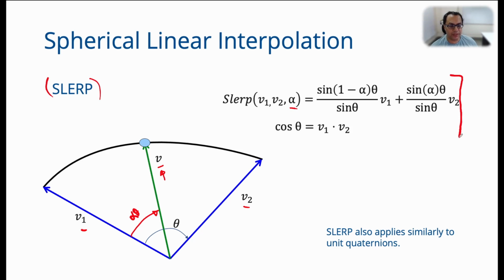This expression for SLERP not only applies to unit vectors or the rotation of unit vectors, the same expression for SLERP also applies to unit quaternions. Therefore, once you have represented your orientations as quaternions, you can interpolate between two quaternions by using a very similar SLERP method. Just replace v1 and v2 by q1 and q2 and you will be able to interpolate the quaternions.